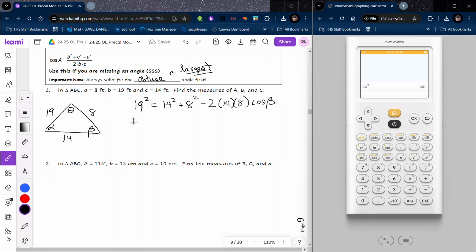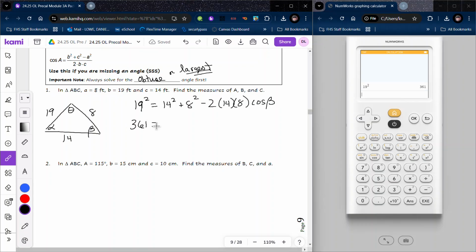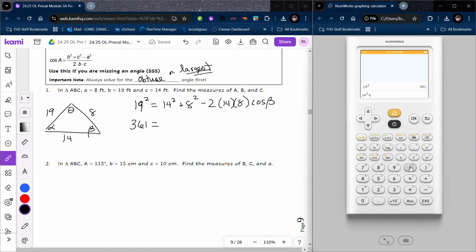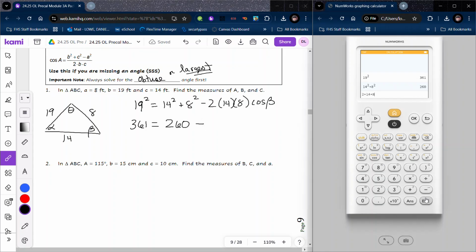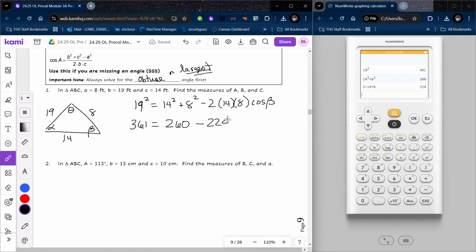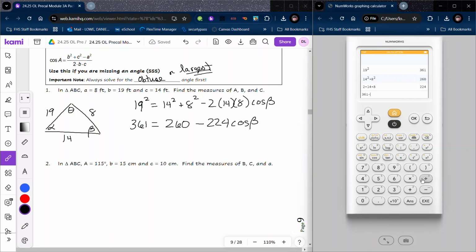So 19 squared is 361. So 361 is going to be equal to 14 squared plus 8 squared, which is 260, minus 2 times 14 times 8. So minus 224 cosine of beta. So if I want to solve for beta, that's going to be 361 minus 260, so that's 101.